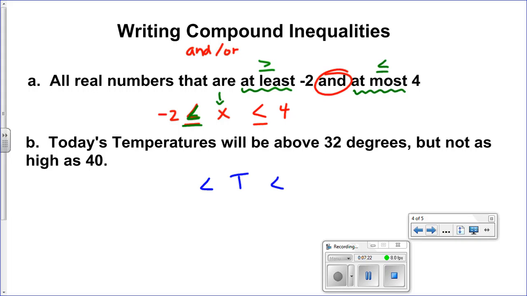I'm going to use a T for temperature this time. So it'll be above 32 degrees, meaning not equal to 32 above it, but not as high as 40. So we won't quite reach 40, so I'm not going to put an equal to sign. So T is greater than 32, and T is less than 40.